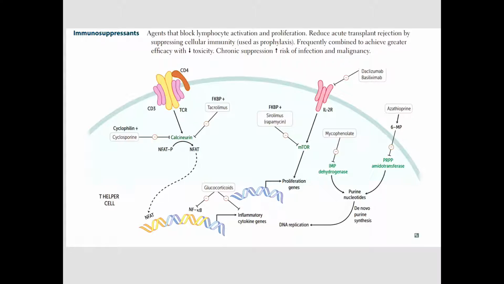These are two newer monoclonal immunoglobulin medications, daclizumab and basiliximab, both blocking the interleukin-2 receptor, as you can see here, and blocking the IL-2 receptor has the same effect as that caused by calcineurin inhibitors.